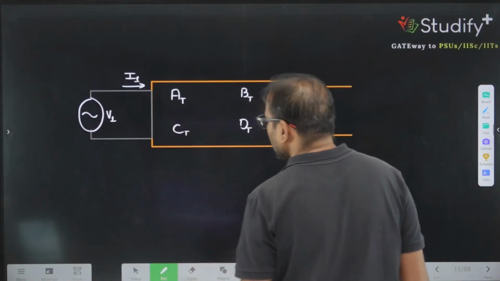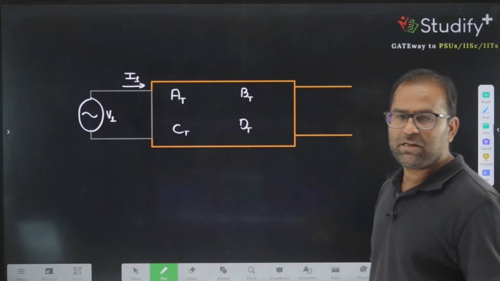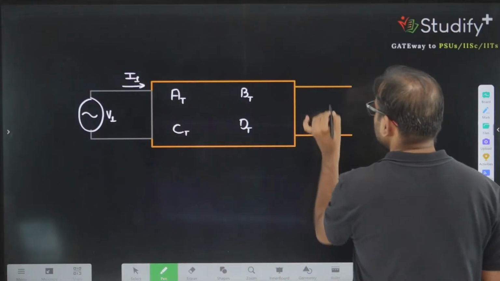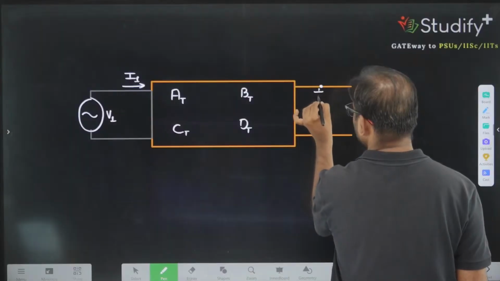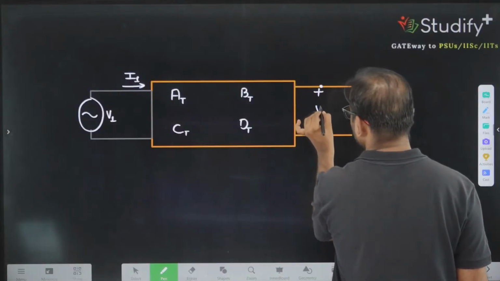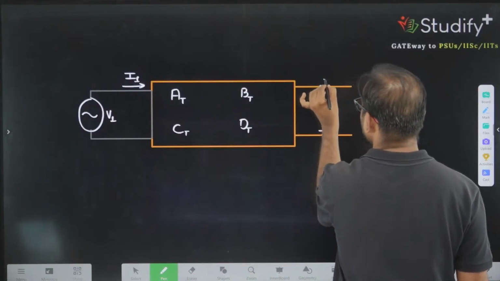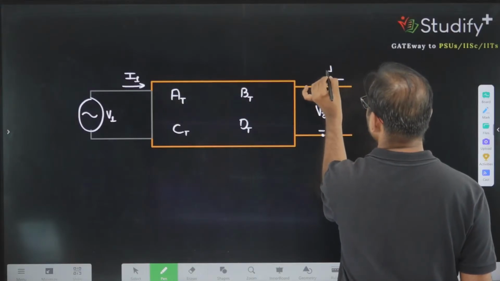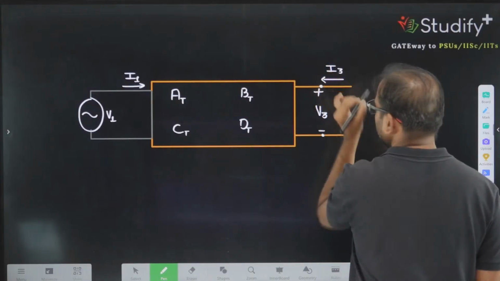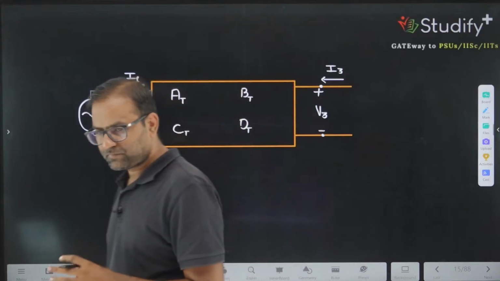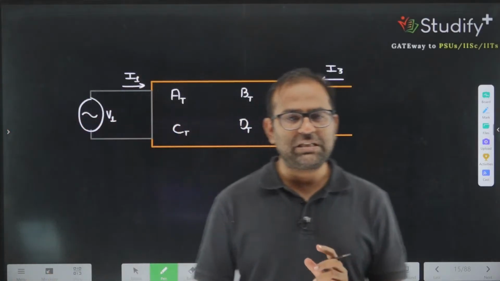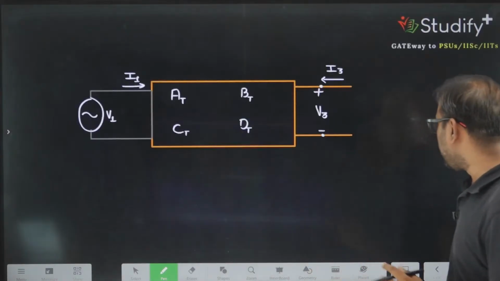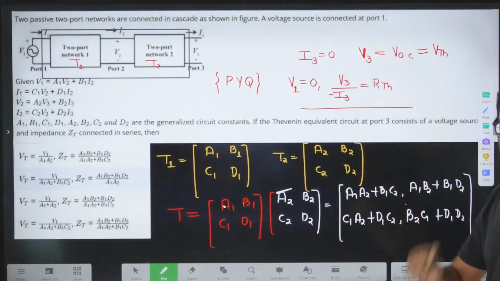So just we have replaced our T parameter by the equivalent, and this value is V3 and I3. Now, what is the value of AT, BT, CT and DT? The value of AT, BT, CT and DT is given by this.